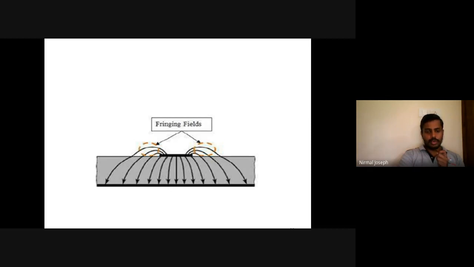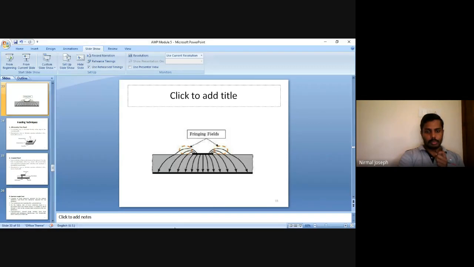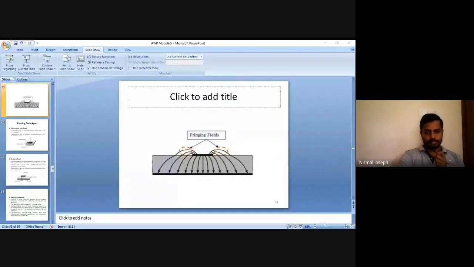Whenever we look from the substrate, we feel like the microstrip antenna has only this much width. But when it operates, we may feel like it has width from here to here. That is due to these fringing fields. That is the problem with the fringing effect.